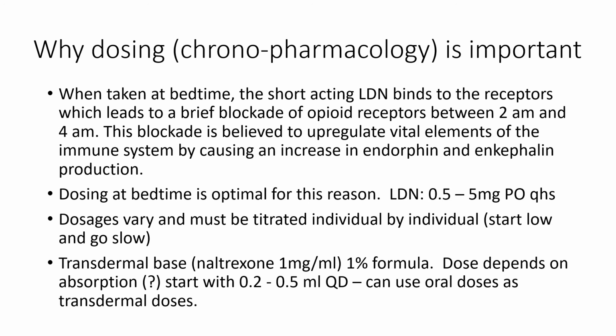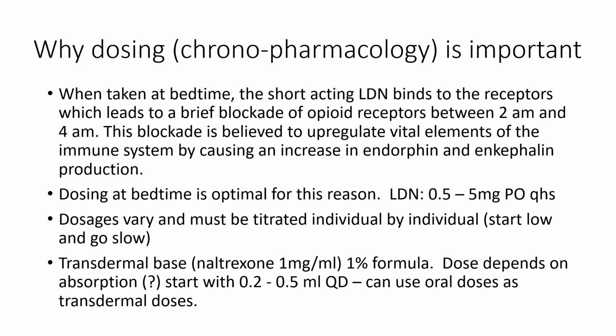When taken at bedtime, the short-acting LDN binds to the receptors, which leads to a brief blockade of the opioid receptor, somewhere between 2 a.m. and 4 a.m. during stage 4 and REM sleep usually. This blockade is believed to upregulate vital elements of the immune system by causing an increase in endorphin and enkephalin production.